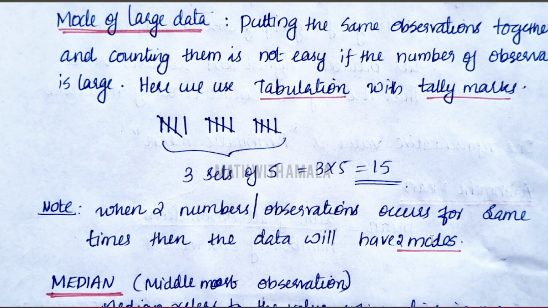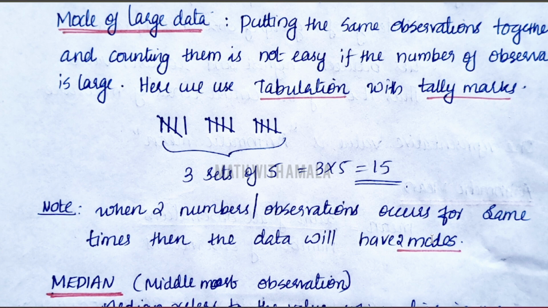So if we have 4 standing lines and 1 slanted line, you will calculate it as a group of 5, and you don't want to count them each because you just want to count the number of groups present. If you have 3 sets of 5s, then it is 3 into 5, 15.